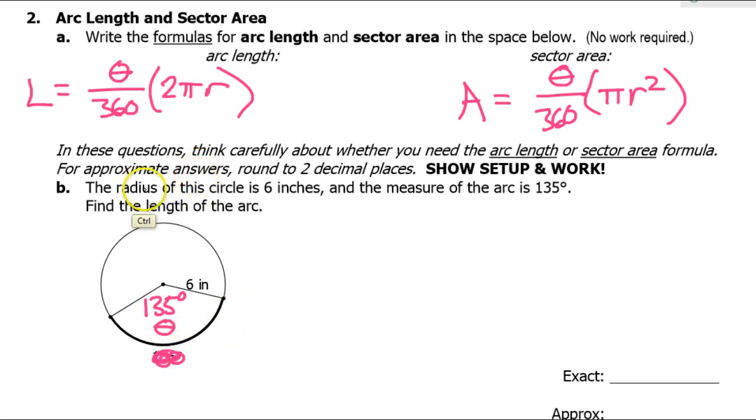Okay, so find the arc length. So we're just going to use this formula. So the arc length is going to equal 135 out of 360, times 2 pi r. So that's going to be times 2 pi 6.